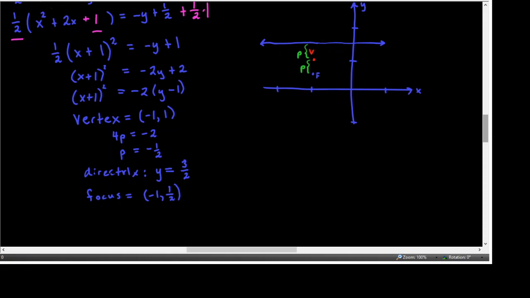If I move to the right 2p, which is 1, and from the focus left 1, so I'm moving parallel to the directrix, those 2 points are definitely on this parabola, because they're 2p away from the directrix, and they're 2p away from the focus.